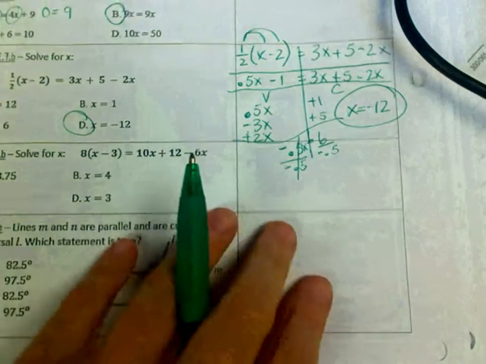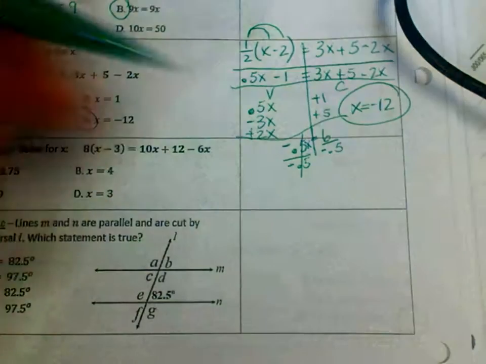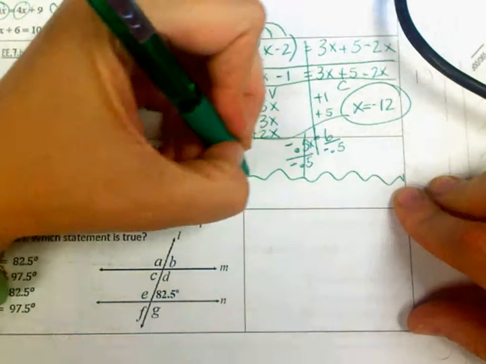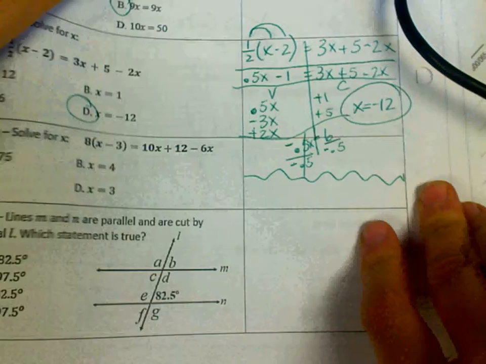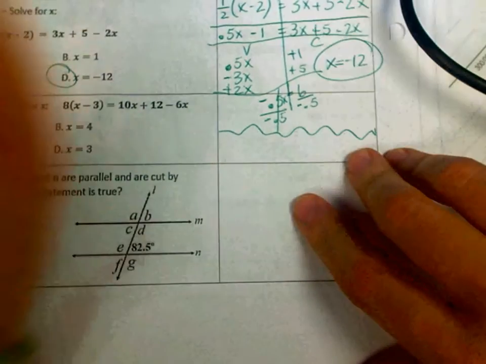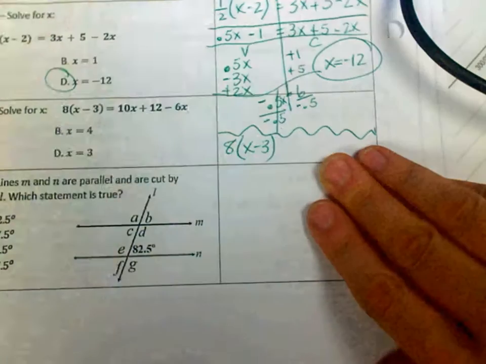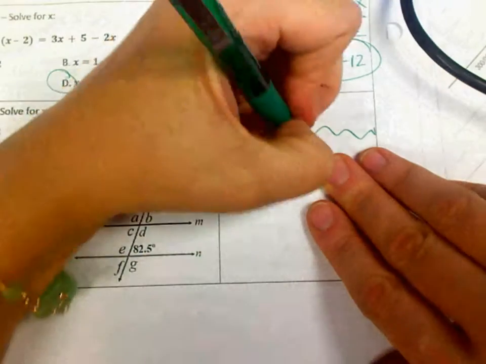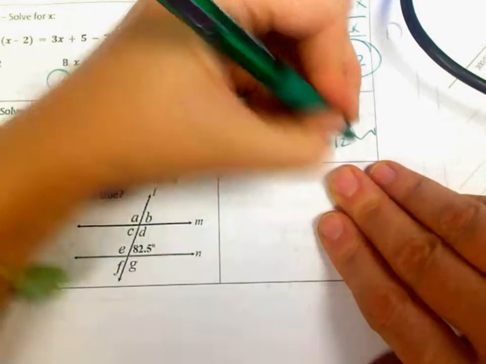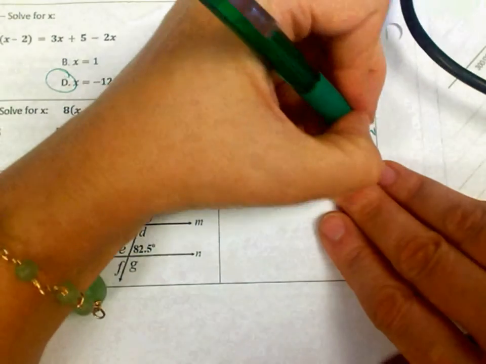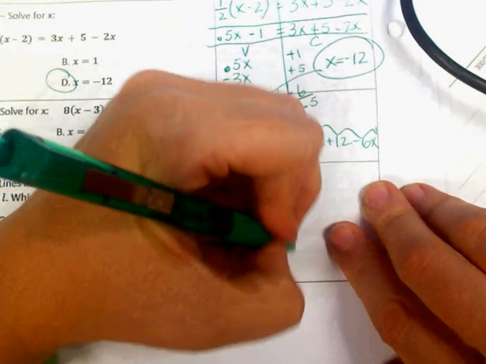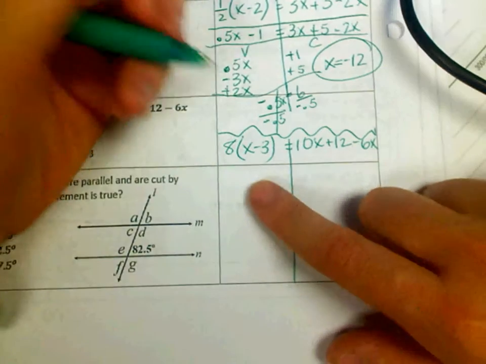Okay, I'm going to rewrite the next one over here because I think we might run out of room. We'll put the squiggly line there. Okay, so it's 8 parentheses x minus 3 equals 10x plus 12 minus 6x. And we know we have to distribute first before we do anything.